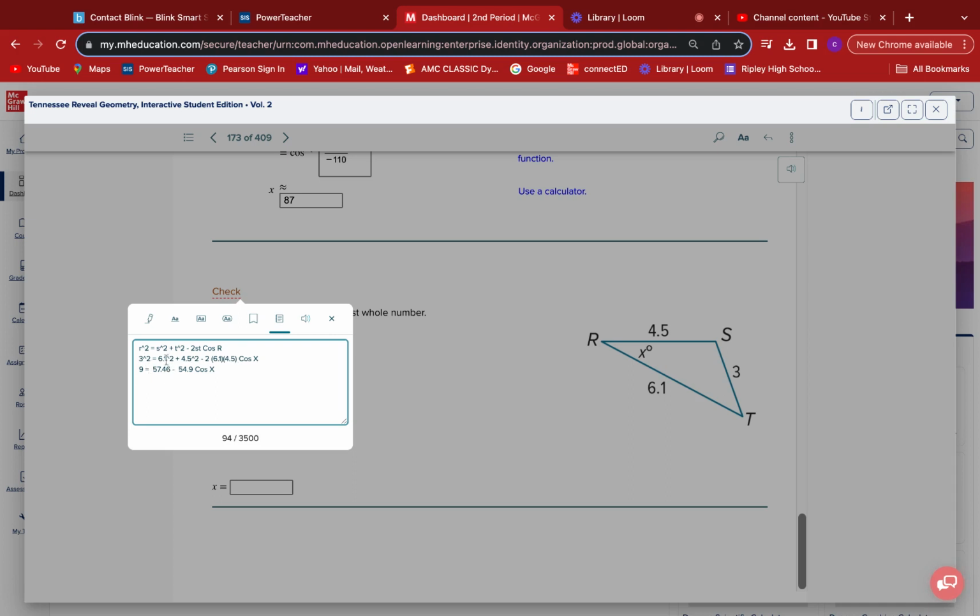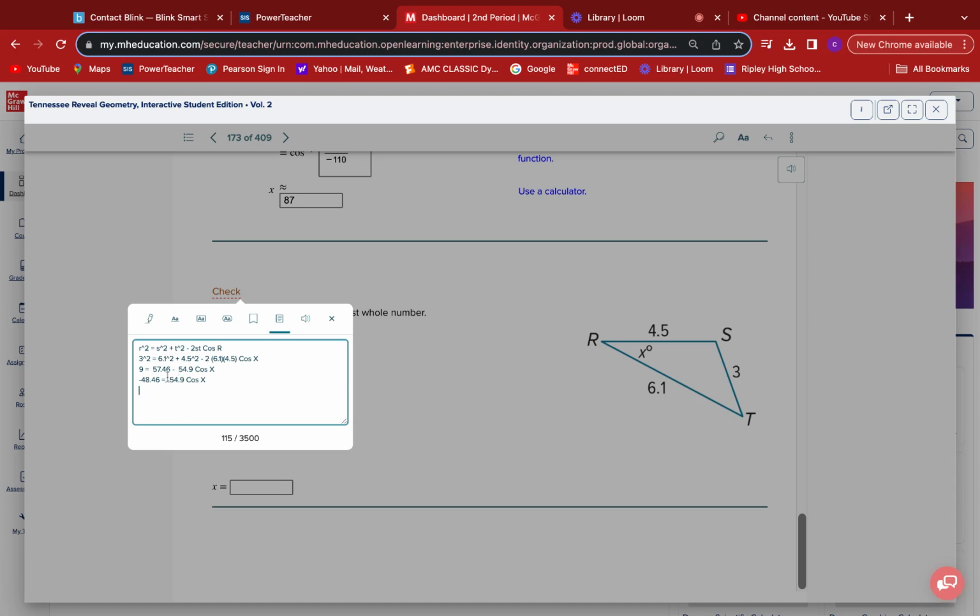I'm going to do the opposite of adding 57.46, and that is to subtract it to the other side to be with the 9. So it's going to be 9 minus 57.46. 9 minus 57.46 is a negative 48.46. And over here I have left negative 54.9 times the cosine of X. All right, the opposite of multiplying by negative 54.9 is to divide by negative 54.9.